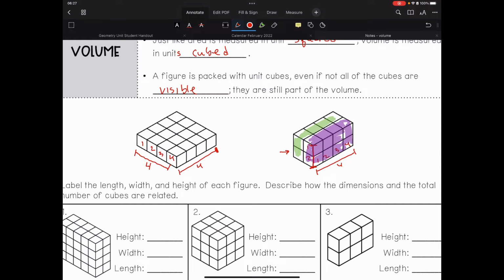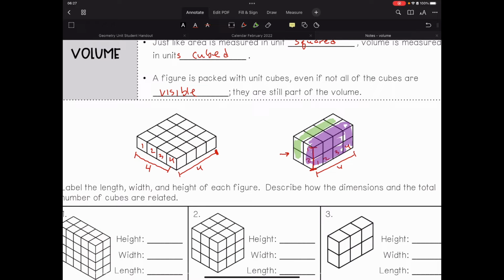So the volume of this one would be 16 units cubed. And we said this one would be 16 units cubed. So there are 2 different ways to show the same volume but with different shapes.